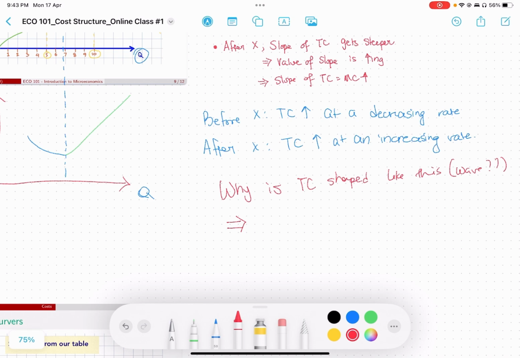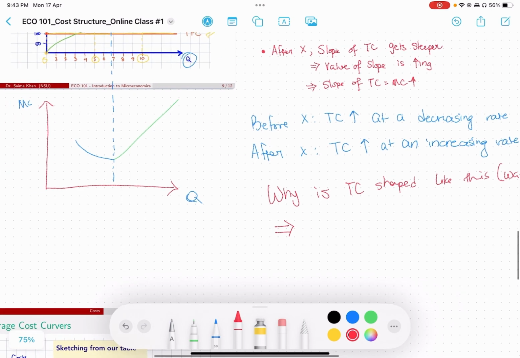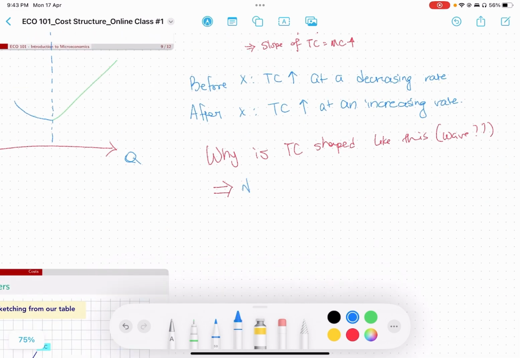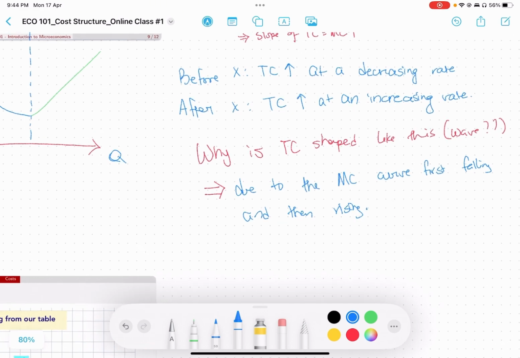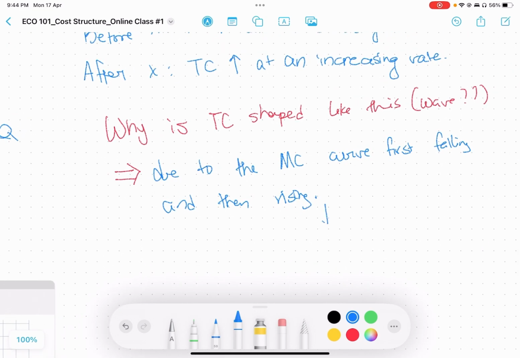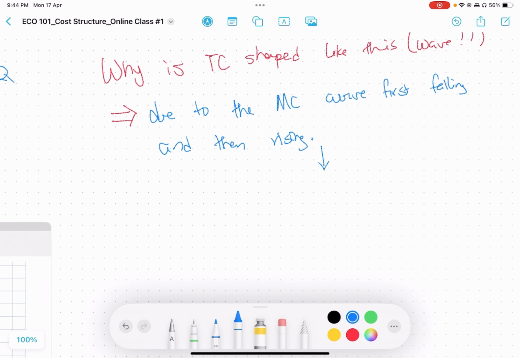Well, some people pointed out that the total cost looks like this because it's linked to the marginal cost curve, and the marginal cost first decreases and then increases. But the question is, why is it that the MC curve first falls and then rises? To answer that, we go back to the key answer, which is the law of diminishing returns, which is basically decreasing marginal product.